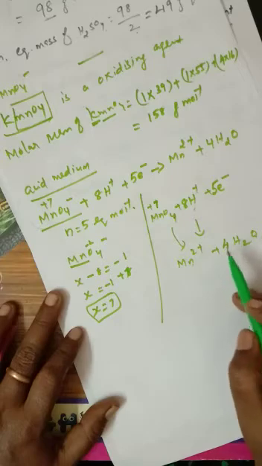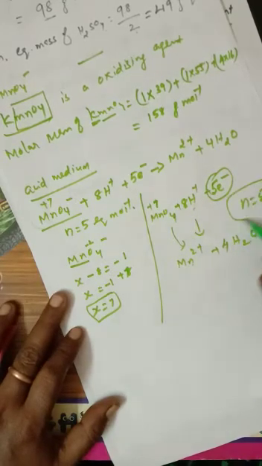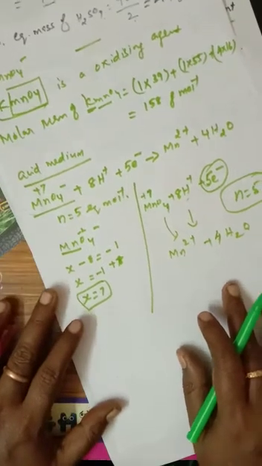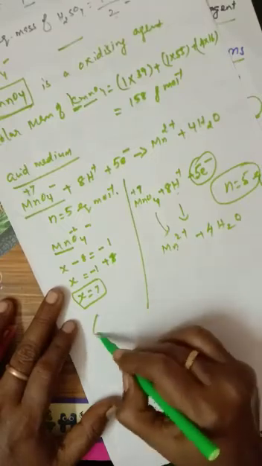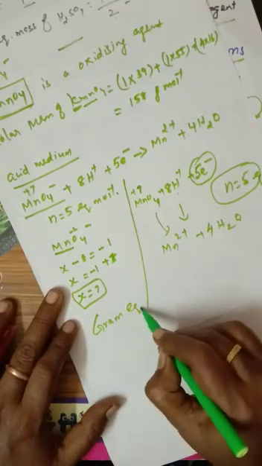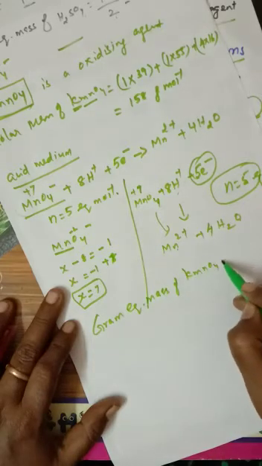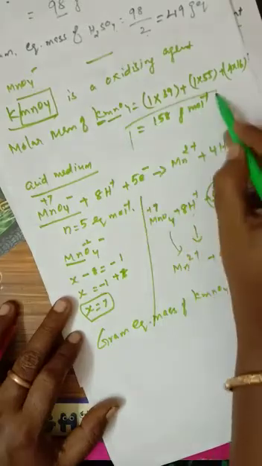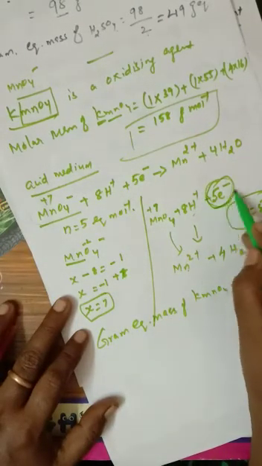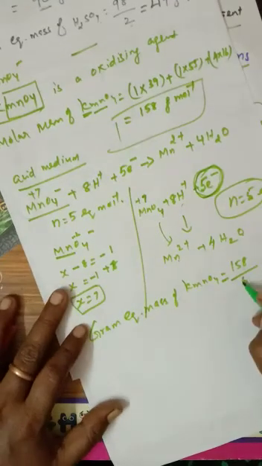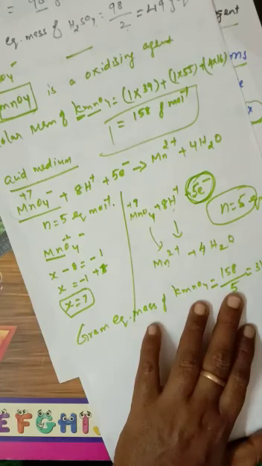So now the number of electrons replaced, n, is equal to 5, that is 5 equivalent per mole. Now we can write the gram equivalent mass of potassium permanganate: the molar mass of potassium permanganate is 158, and 5 electrons are released here, so 158 divided by 5 is 31.6 gram per equivalent.